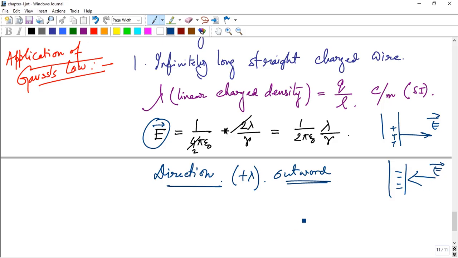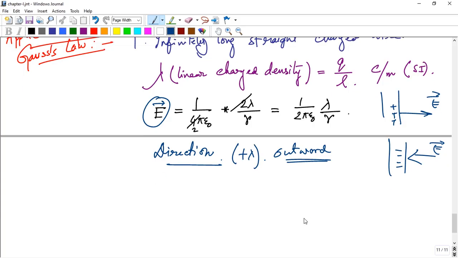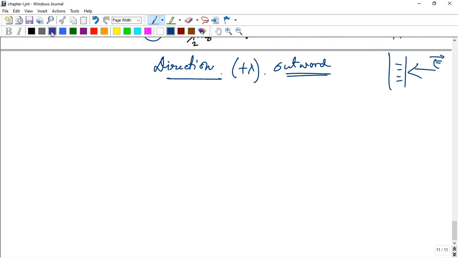Now, the second application is the infinite plane sheet of charge.